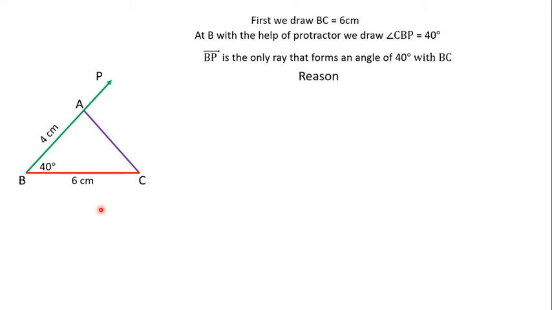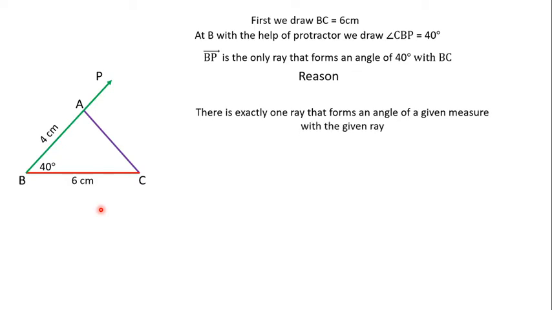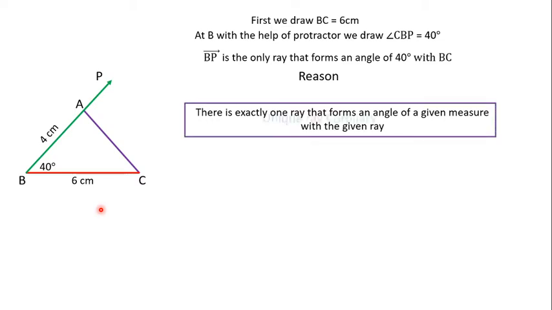The reason is there is exactly one ray that forms an angle of a given measure with the given ray. This is called the unique ray corollary, which is a corollary to the angle measurement postulates.